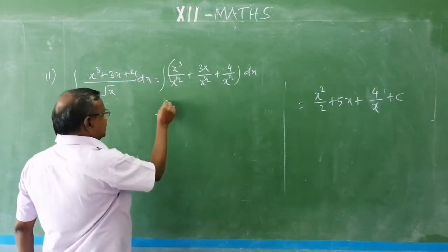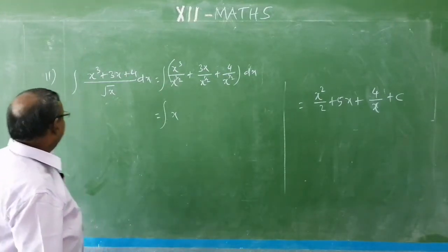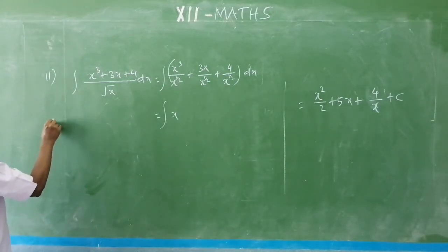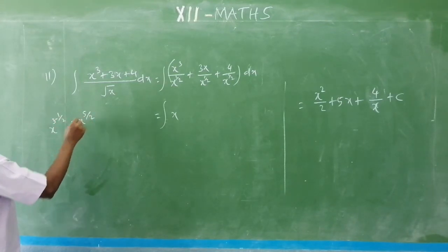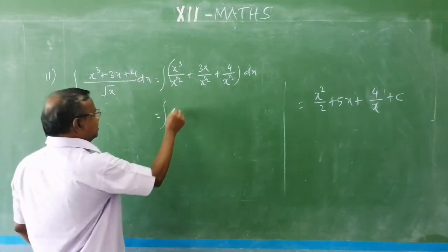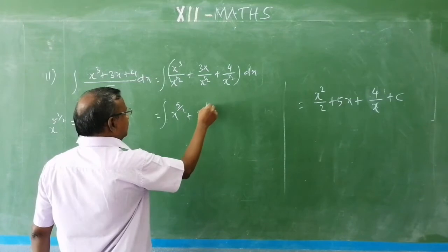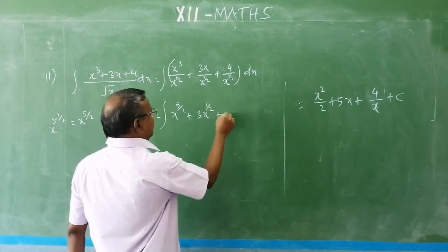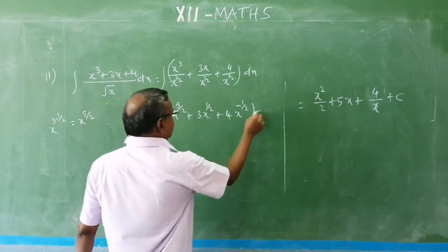Using a power m divided by a power n equals a power m minus n, x power 3 minus 1 by 2 equals x power 5 by 2. So x power 5 by 2 plus 3 into x power 1 by 2 plus 4 into x power minus 1 by 2 into dx.